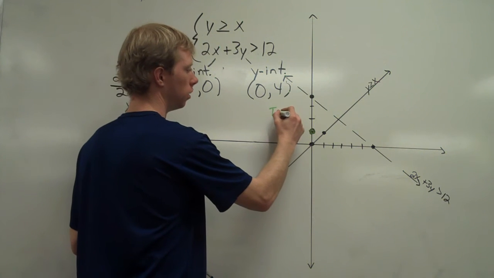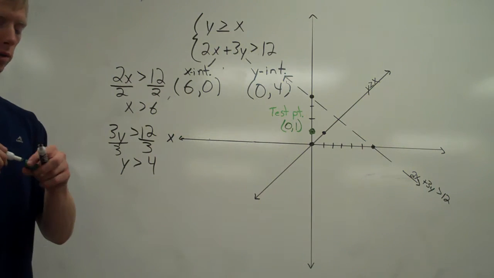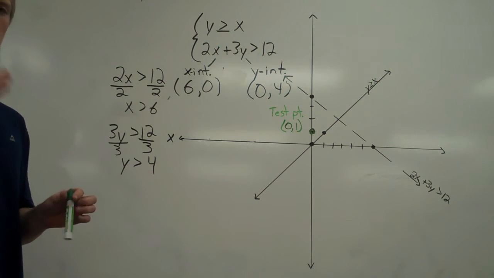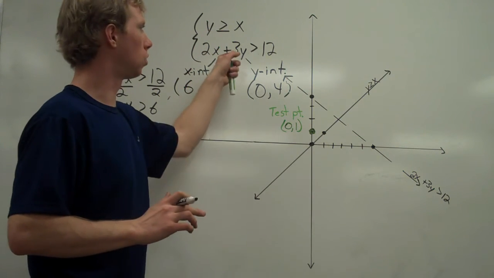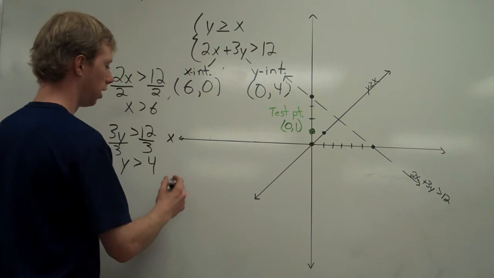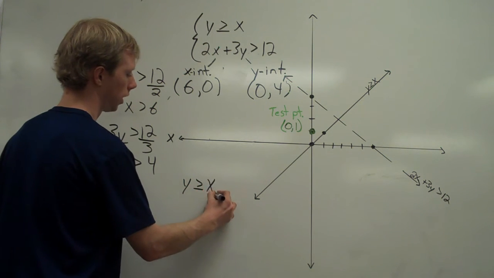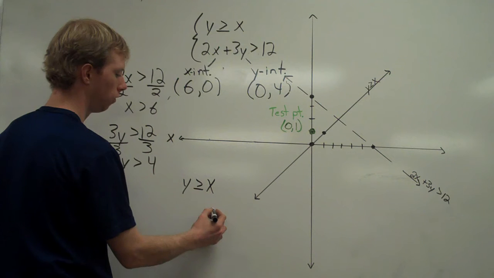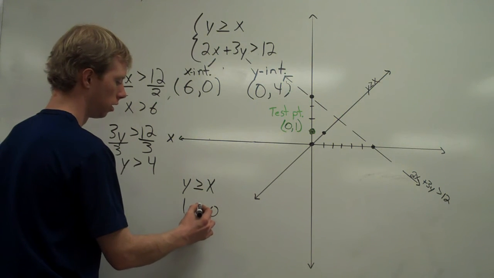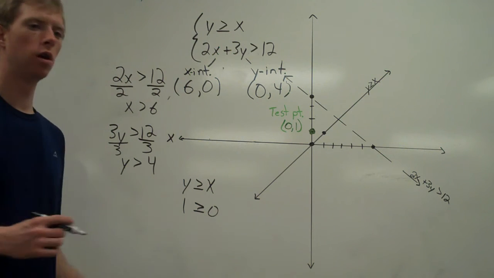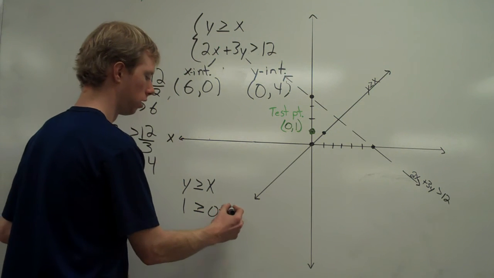This is my test point. I'm going to test this in both inequalities. If I tested it in y is greater than or equal to x, I would have 0 for my x, 1 for my y, and I still have my symbol. Well, is this true? Yes. 1 is greater than 0.